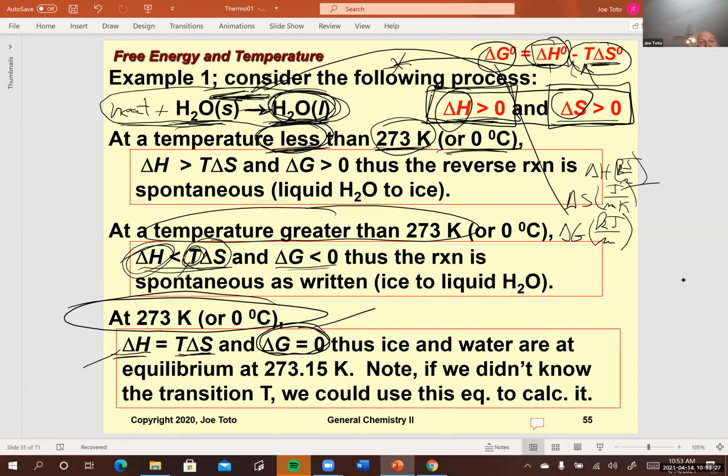Does everyone see that? Yes. Any questions on that? No?